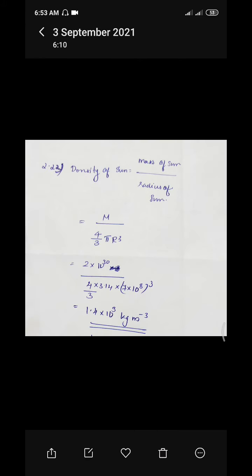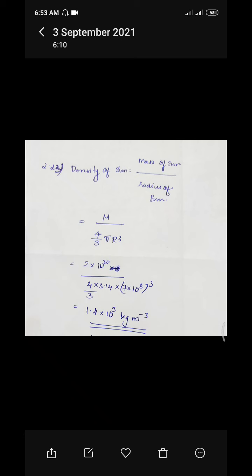Okay, the question is that the Sun is a hot plasma, ionized matter. Plasma means ionized matter. Okay, with its inner core at a temperature exceeding 10 to the power 7 Kelvin and its outer surface at a temperature of about 6000 Kelvin. At this high temperature no substance remains in a solid or liquid phase.